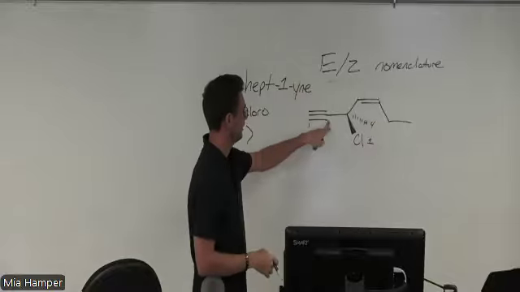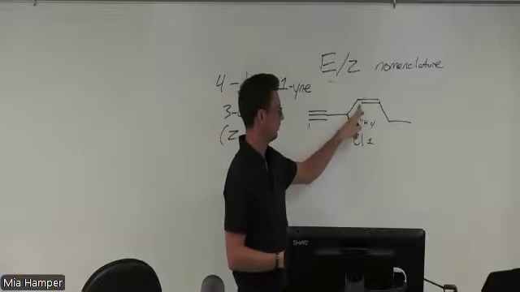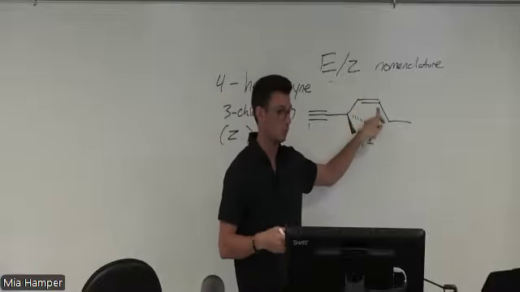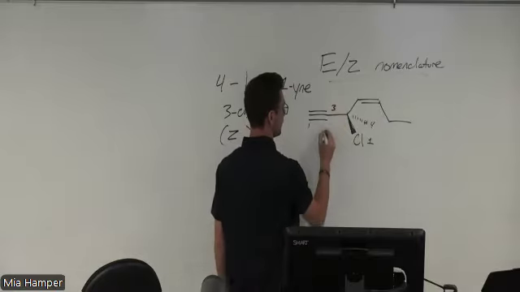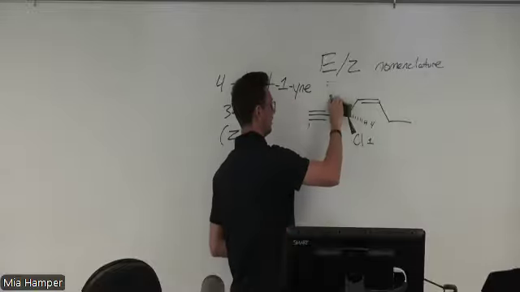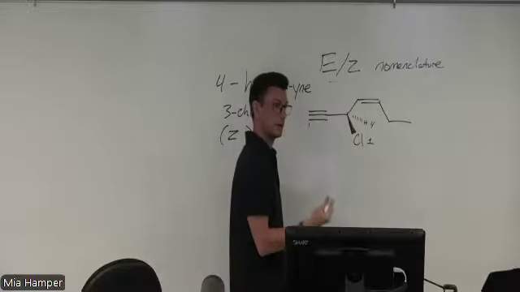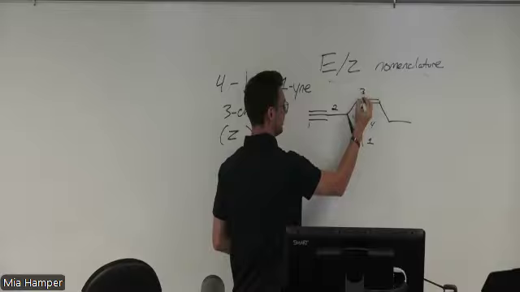We have a carbon triple bonded to another, and we have a carbon double bonded to another. What's going to win out? That triple bond. With that being the bigger group, that's going to be 2. The other is going to be 3.